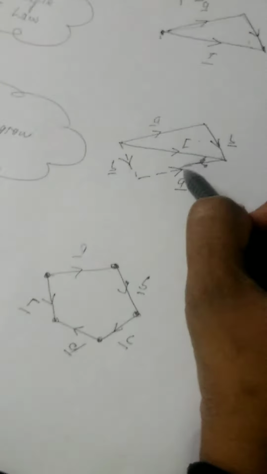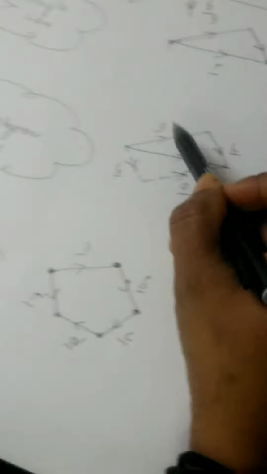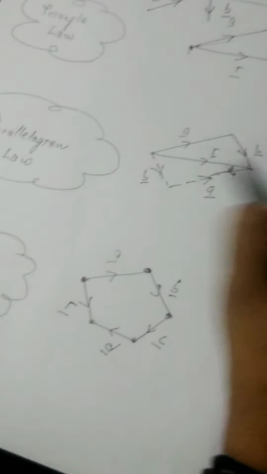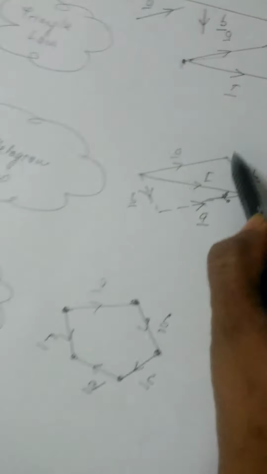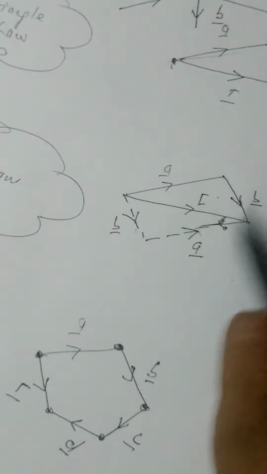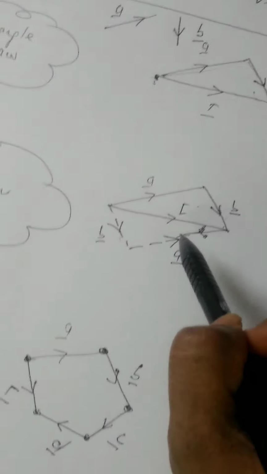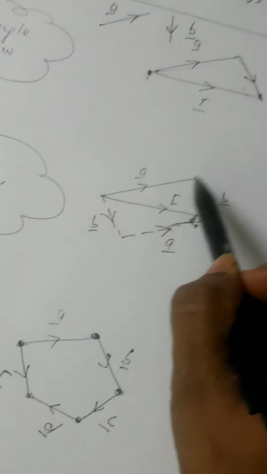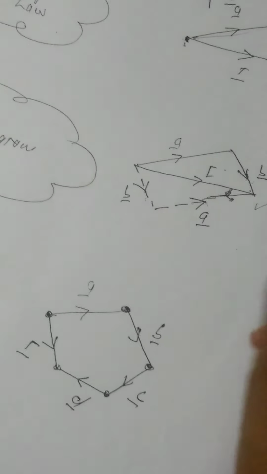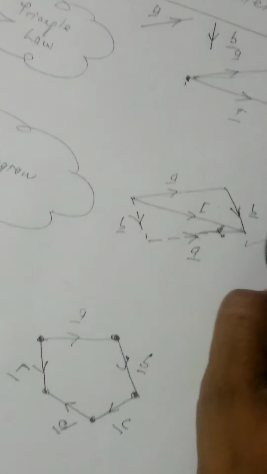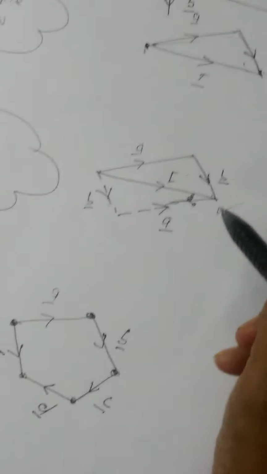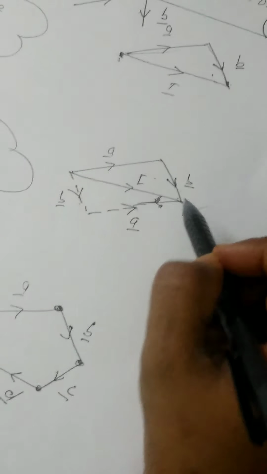So you see B is drawn parallel here and A can be moved down here, so long as they are parallel and the same magnitude. The whole diagram forms a parallelogram. A parallelogram law can be used to solve vector questions that involve angles as well as magnitude.